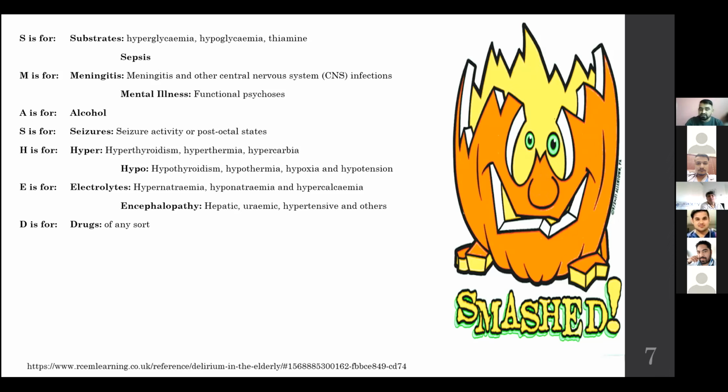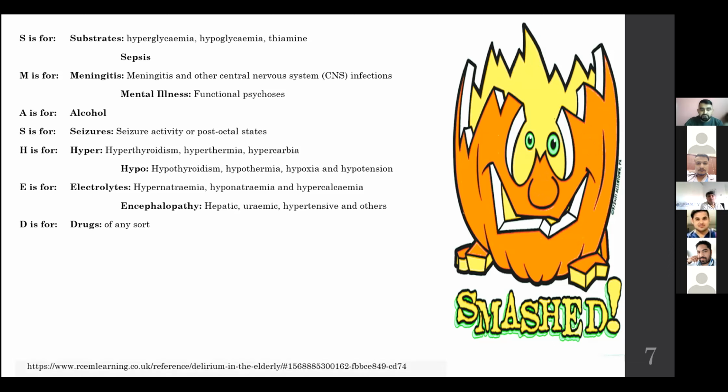And E is for electrolytes, hypernatremia, hyponatremia, hypercalcemia, and encephalopathies like hepatic, uremic, hypertensive, and other encephalopathies. And D stands for drugs. Drugs of any sort which the patient is taking should be checked for adverse effects of confusion or delirium.